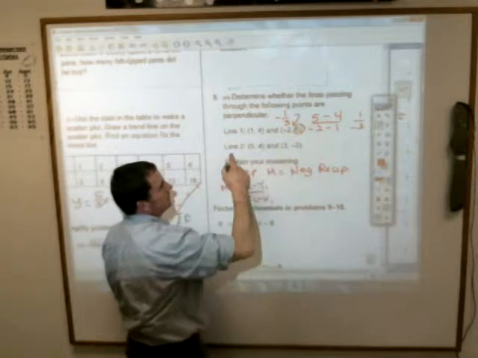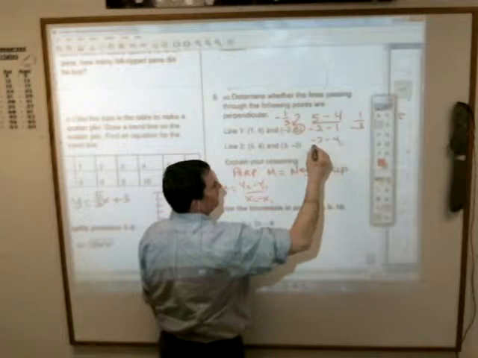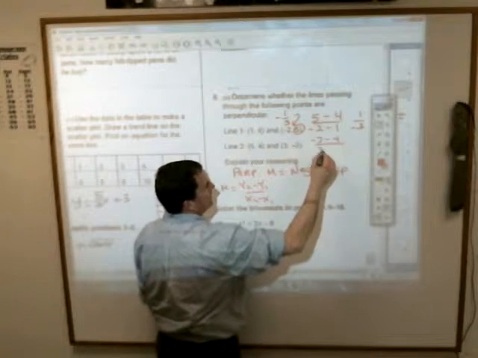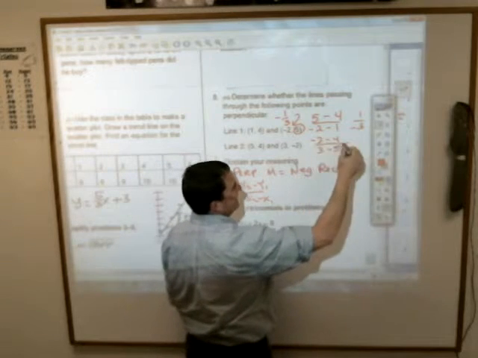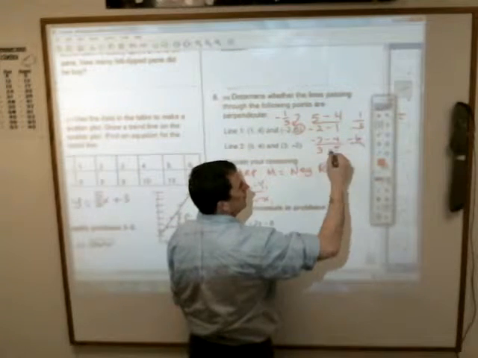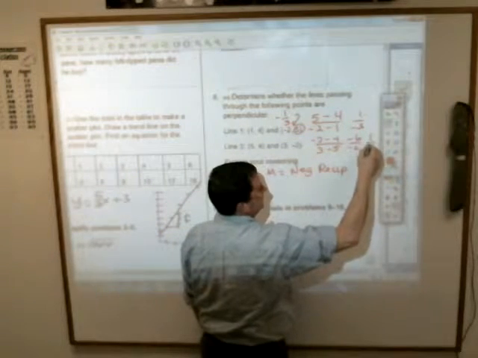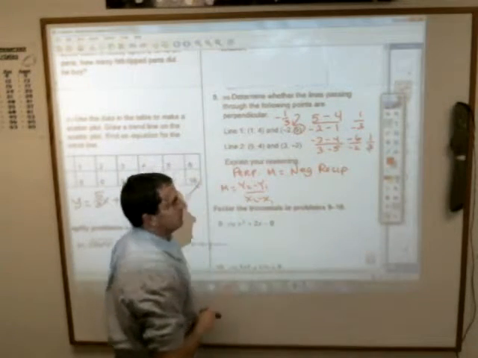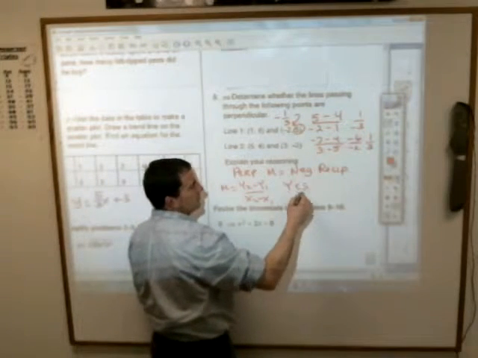For this one, the slope for the second one is negative 2 minus 4 over 3 minus 5. And when I do that, I get a negative 6 over a negative 2, which ends up being a positive 1/3, because 2 negatives make it positive. So yes, they are perpendicular.